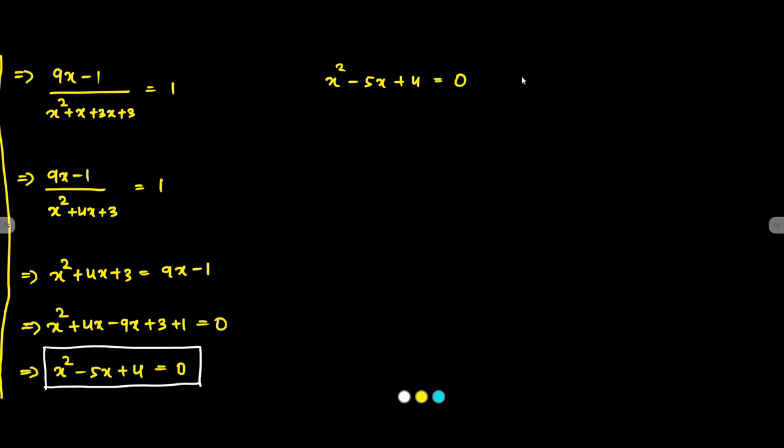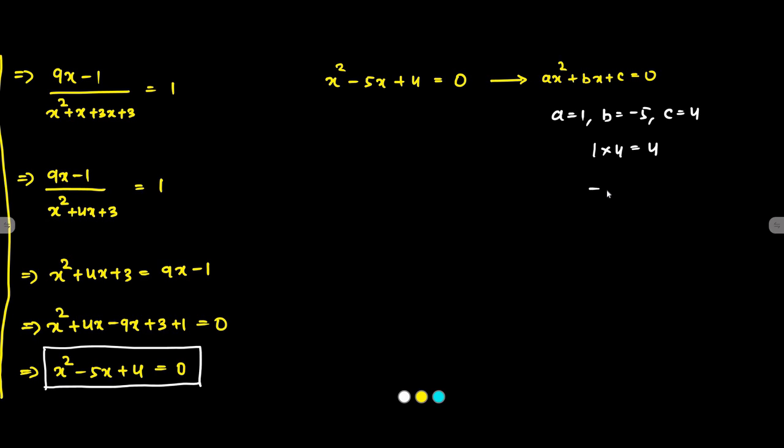Okay, again comparing it with the standard format, this is ax square plus bx plus c is equal to 0. We have a is equal to 1, b is equal to minus 5, c is equal to 4. Product of the two extreme terms, ac, that is equal to 4. We have to perform the split of the middle term in such a way that the two extreme term products is equal to the split term products.